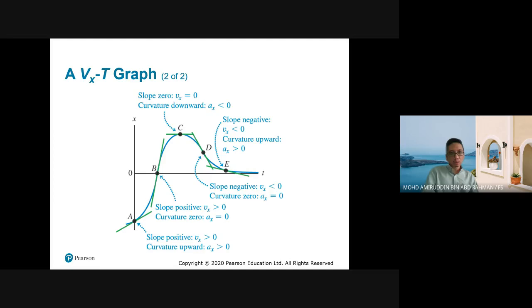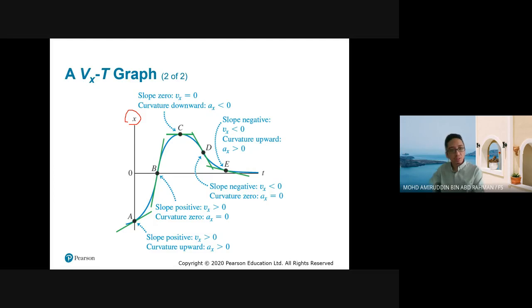All right, so we are looking at the different graph. As you can see here, we have the positive slope from point A. So we are considering the Vx graph over t, but here we need to plot in terms of x.